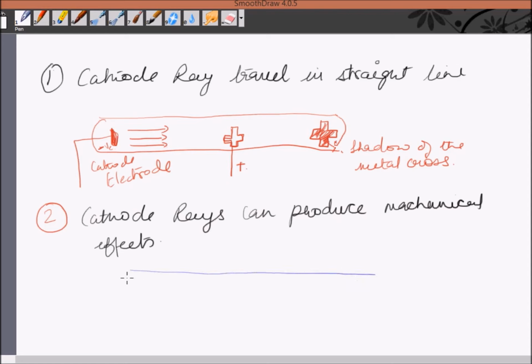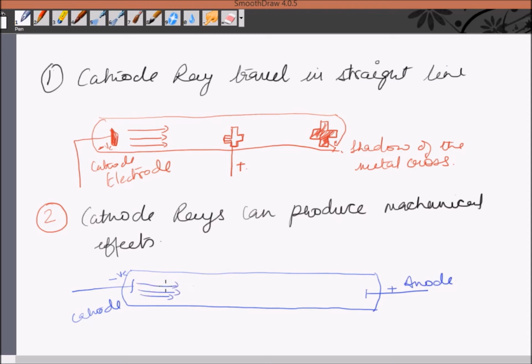Again, I'll make a discharge tube diagram. This is a discharge tube, right? Let's suppose this is a cathode, negative electrode, and this is a positive anode electrode. And here are the cathode ray lines which travel in a straight line.